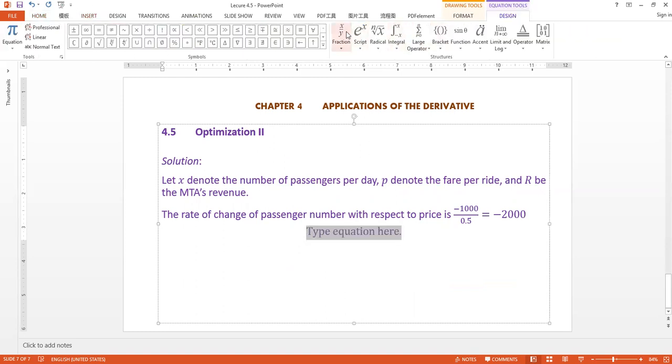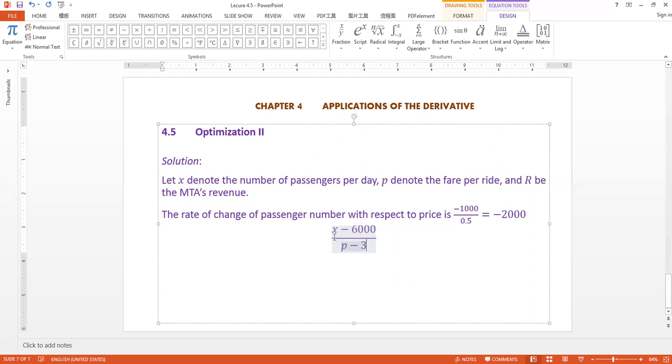So we can set up an equation of (x − 6,000) over (p − 3). Okay, so this is the change of passenger number, and this is the change of price. The current price is 3. The current passenger number is 6,000.